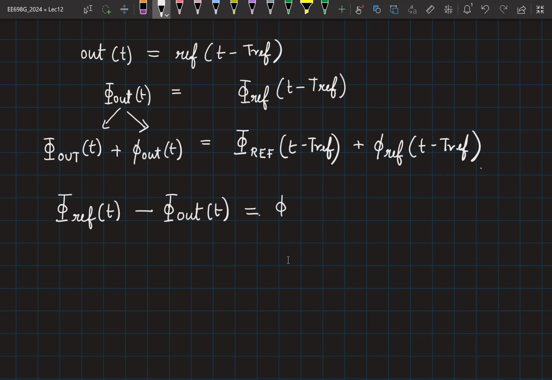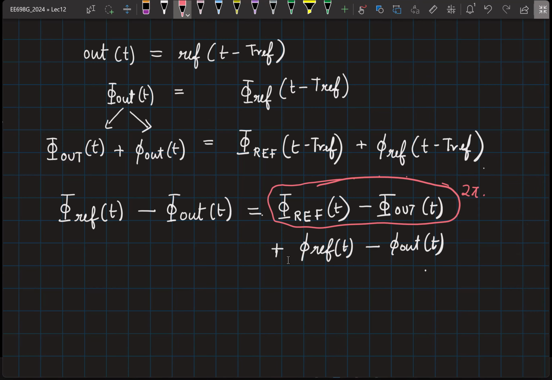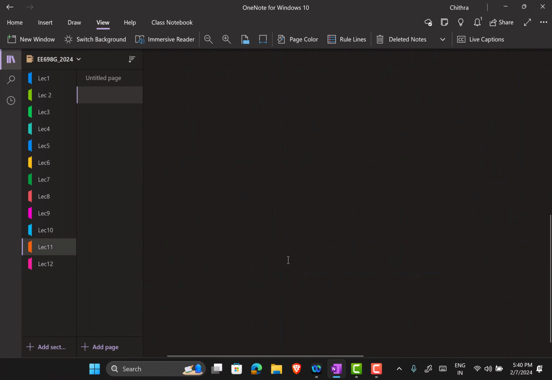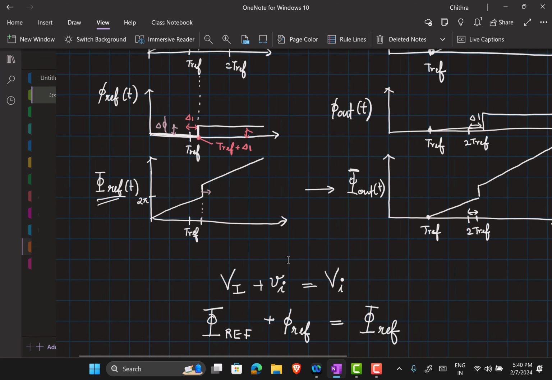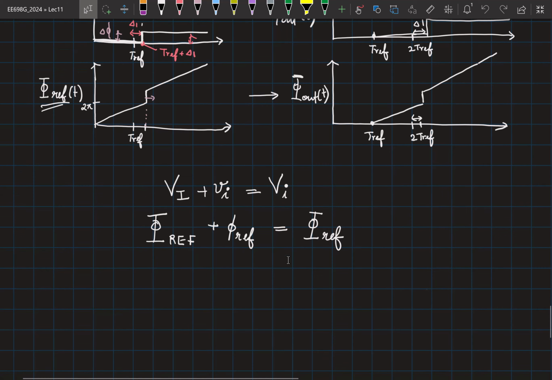So you should get phi ref of t minus phi out of t plus a small signal phi ref of t minus a small signal phi out of t, right? Where this expression is now equal to 2 pi. Okay. So for the case we were discussing in class yesterday, can you quickly sketch how phi ref of t minus phi out of t is going to look like?